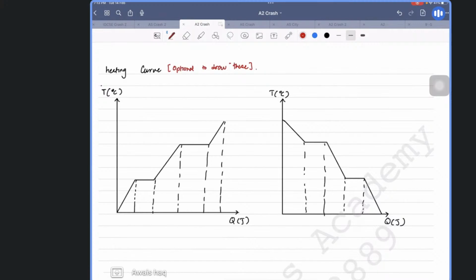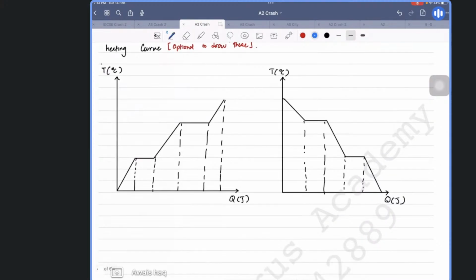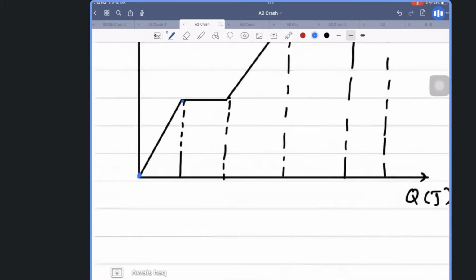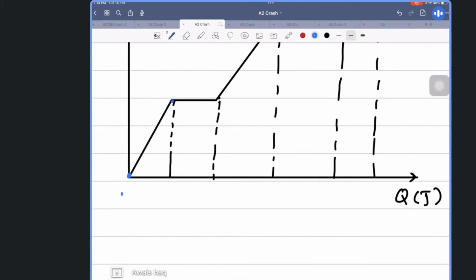First of all, if you're starting from this point and you see the line is going up, it means that the temperature change is showing here. And whenever temperature change is shown, you always need to use mc delta theta, because obviously in this section the material is getting heated.